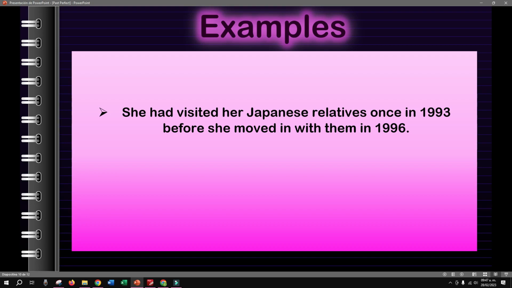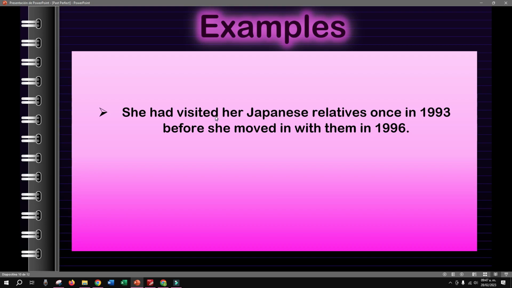So look at this example, guys. She had visited her Japanese relatives once. You have here a specific time, in 1993, but before, right? Before. And that person, we can say, did this action first, and then she moved in with them in 1996.